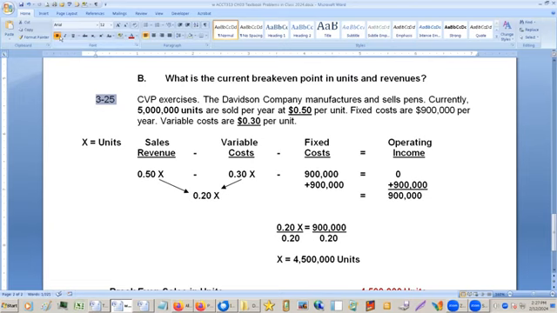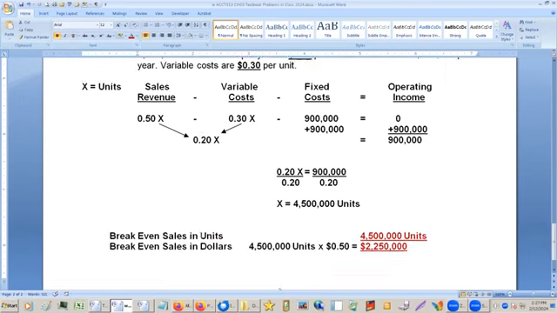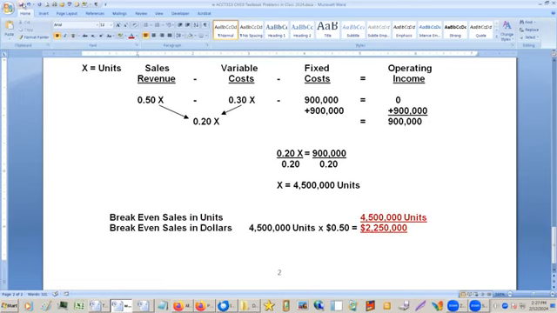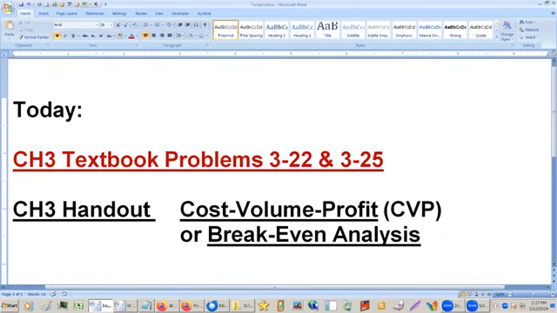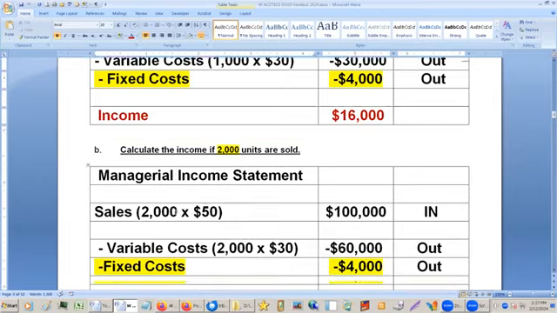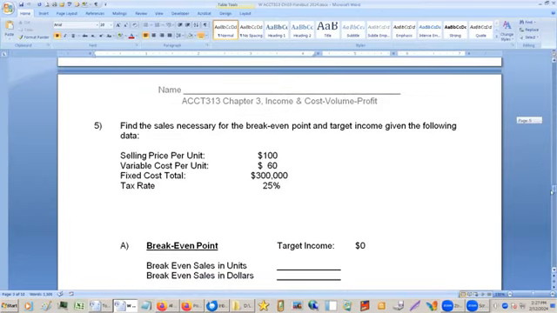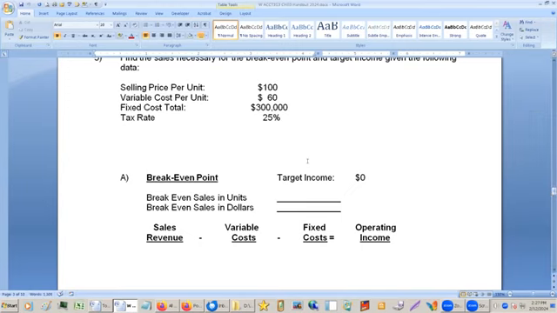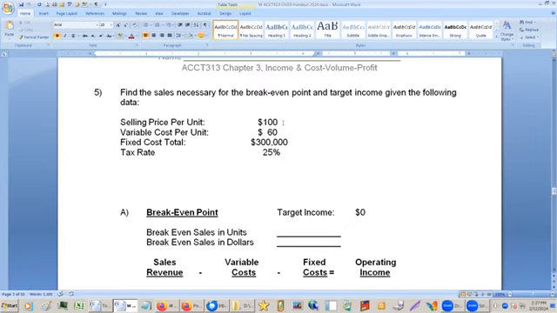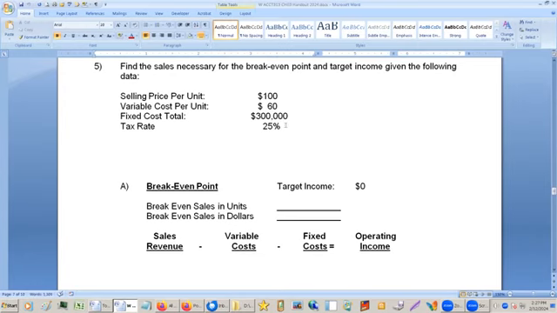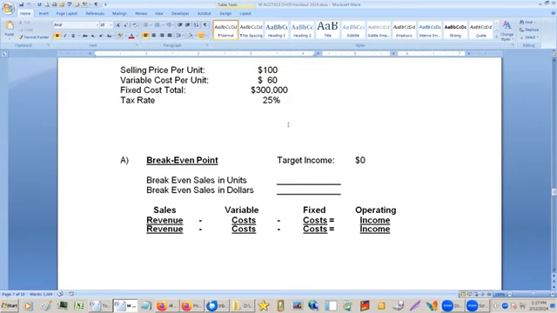So a little review. All right, let's jump back into the handout.